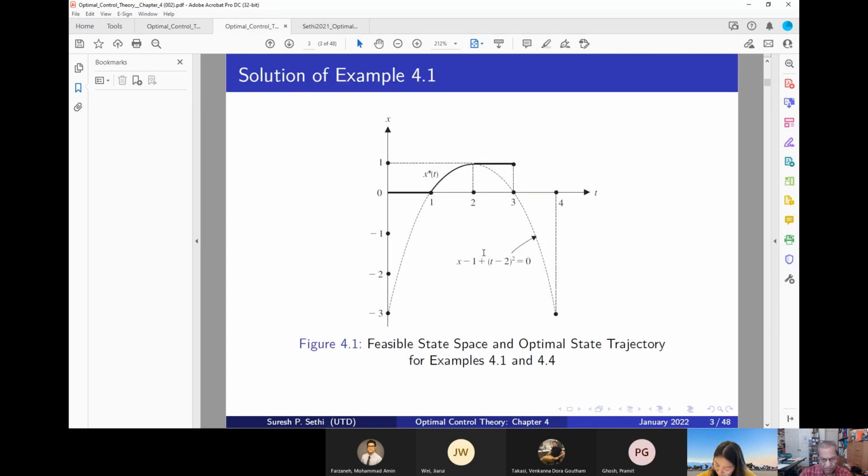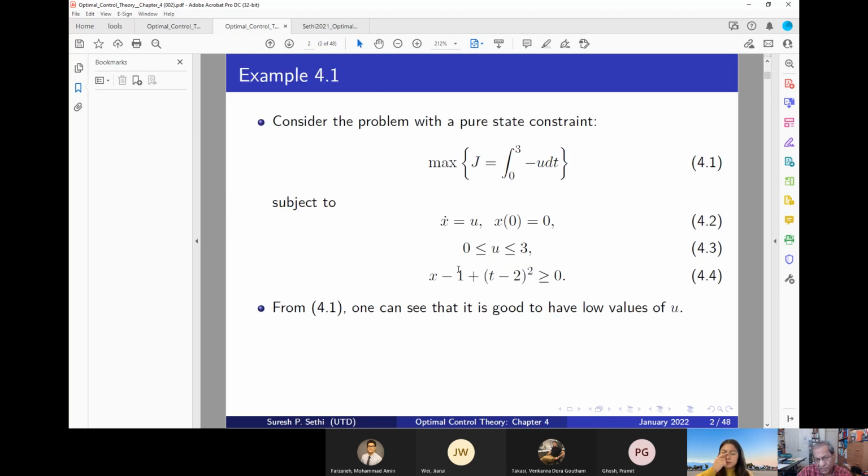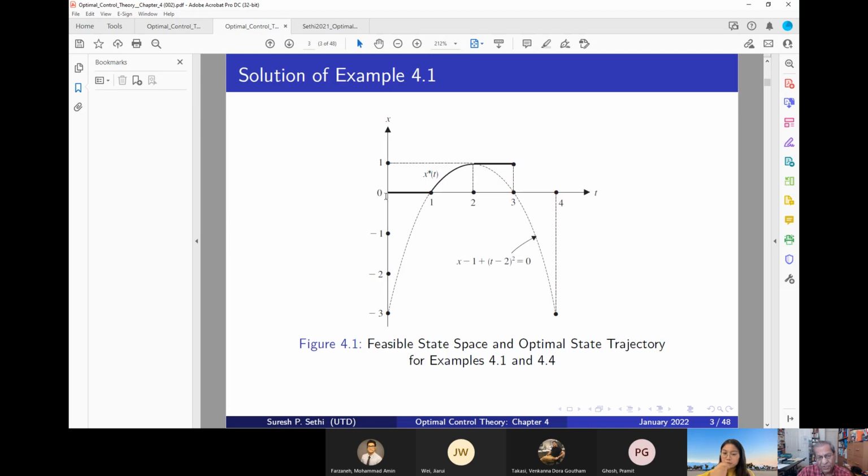So how do we solve this problem? Well, look at it this way. If I begin with 0 and I want minimum control, and the minimum control is 0, so I can use 0 all the way up to time 1. I can use control 0. And after 1, if I use control 0, I will go below the parabola.